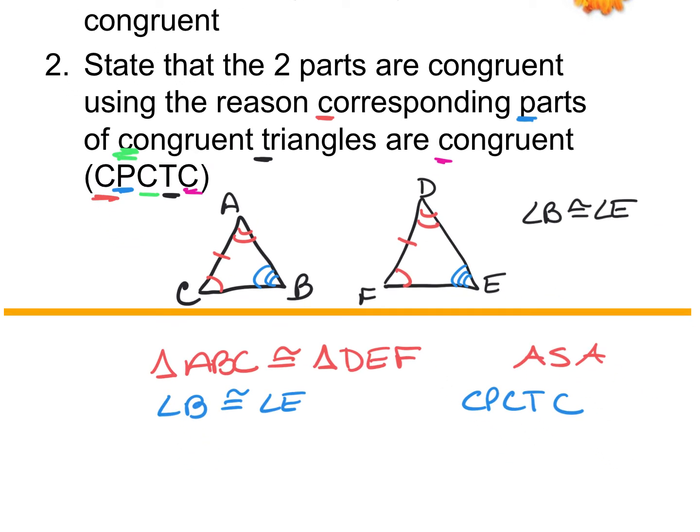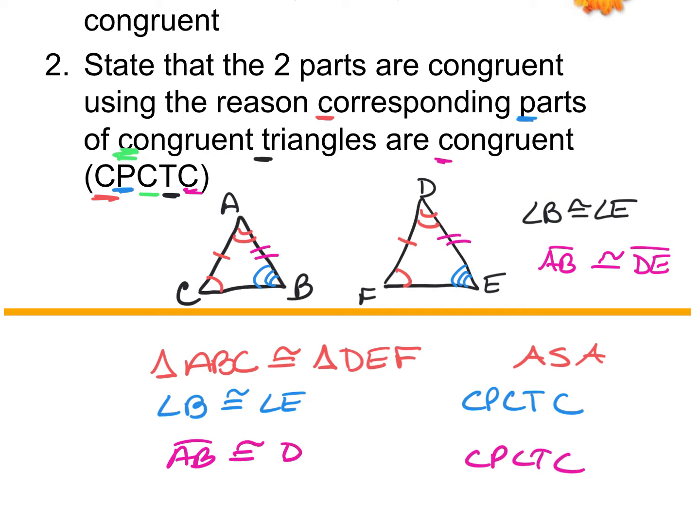Another thing they might have asked, instead of show that B is congruent to E, they might have said show that side AB is congruent to DE. Well, if I've already established that these are 2 congruent triangles, I can go back now and say that AB is congruent to DE. And my reason, again, is the CPCTC.